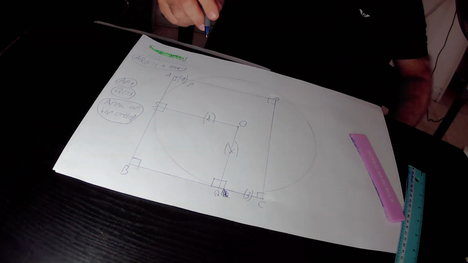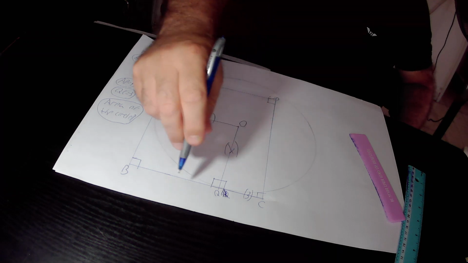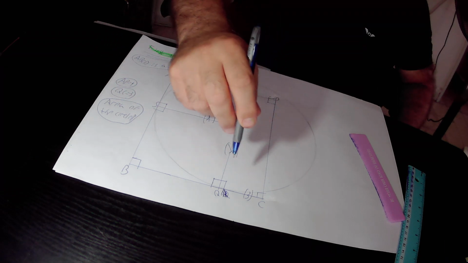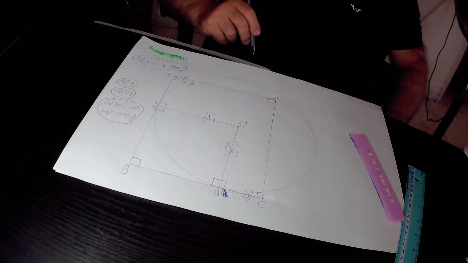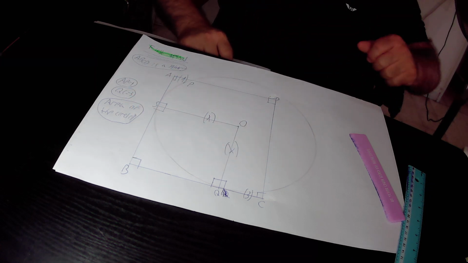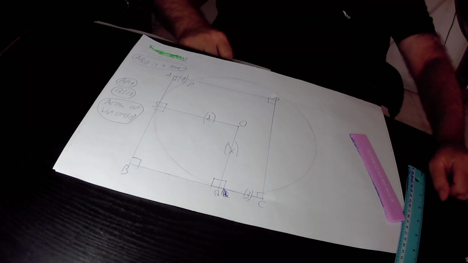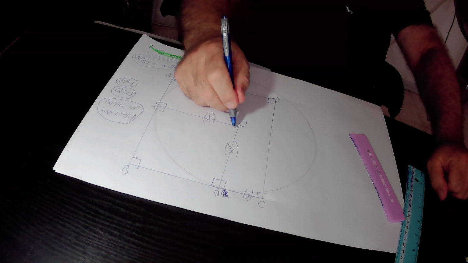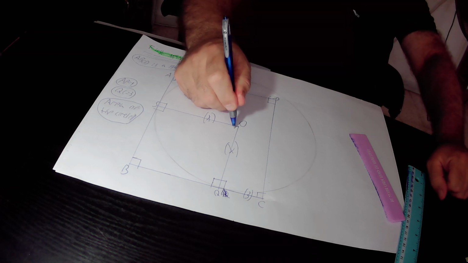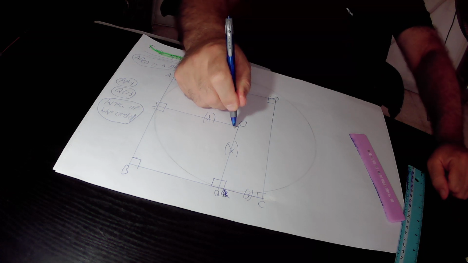So inside quadrilateral SOQB, we have 1, 2, 3 right angles. The sum of 3 right angles is 270 degrees, so 270 degrees plus the size of this fourth angle, in total, must be equal to 360 degrees, according to the rule that says that the sum of the angles in any quadrilateral is equal to 360 degrees.